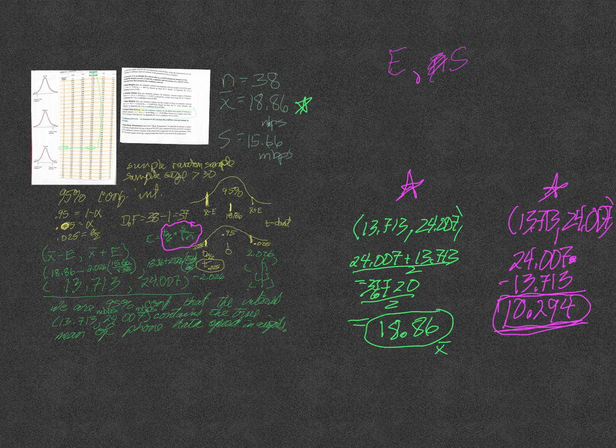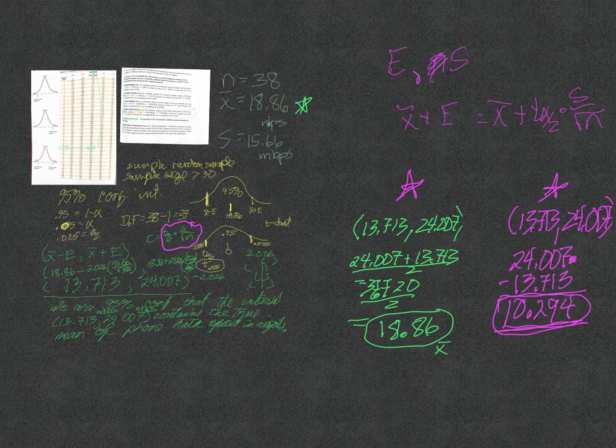And so we have the mean plus the error, right? Which is the mean plus t sub alpha over 2 times s over the square root of n, all right?